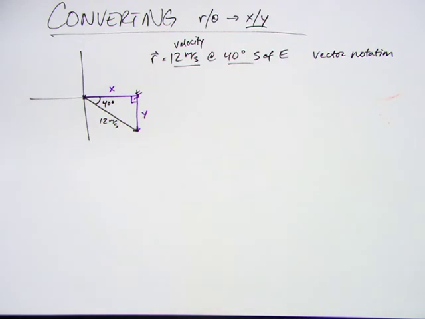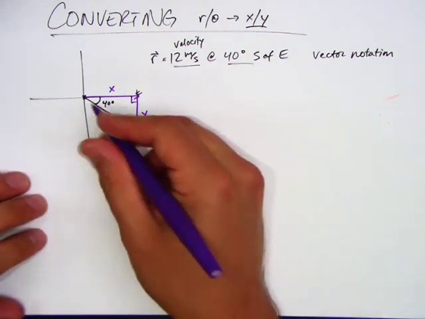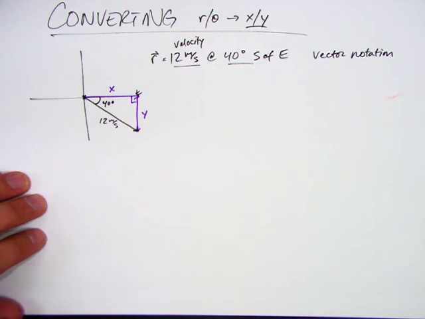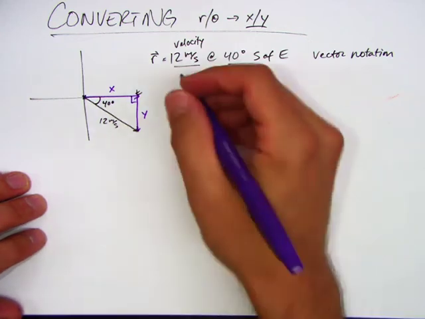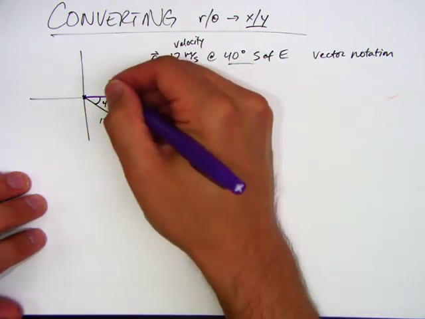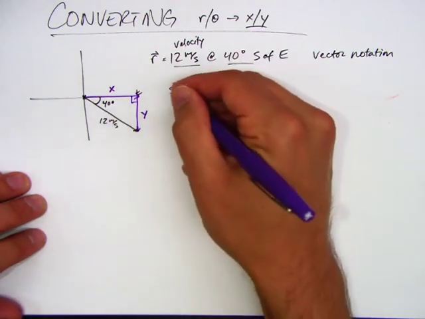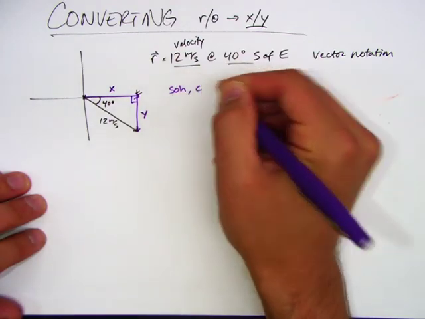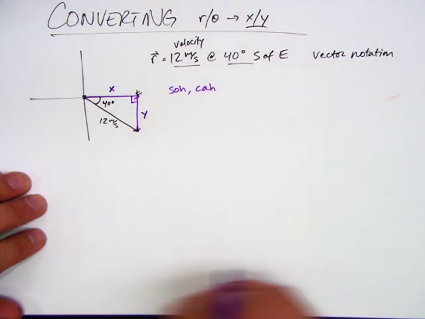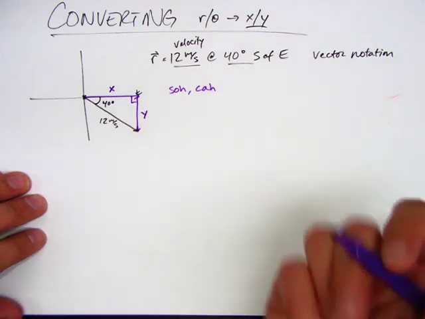So not too tough. I know the hypotenuse here. I know one angle. Therefore, what can I use to find the value of x and the value of y? I could use my sine and my cosine. So SOH CAH, the TOA will come in with the next one.